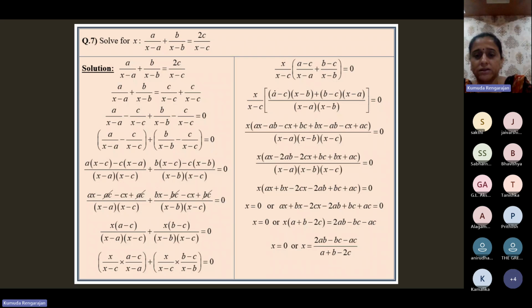So how do you open the bracket? a into x, ax minus ab minus cx plus bc. bx minus ba or ab minus cx plus ax. You must multiply the first term with both the terms in the second bracket, and the second term with both the terms in the second bracket.